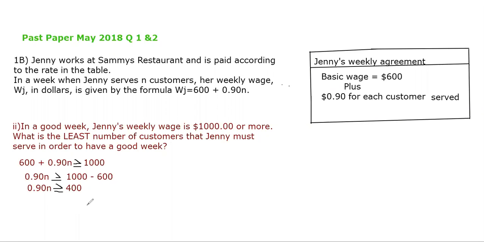Good? Now, the next step, of course, we know that if you realize we have this multiplied by the n, and we want n to be the subject. So what do we do? We get rid of the 0.90, right? So we would divide both sides.